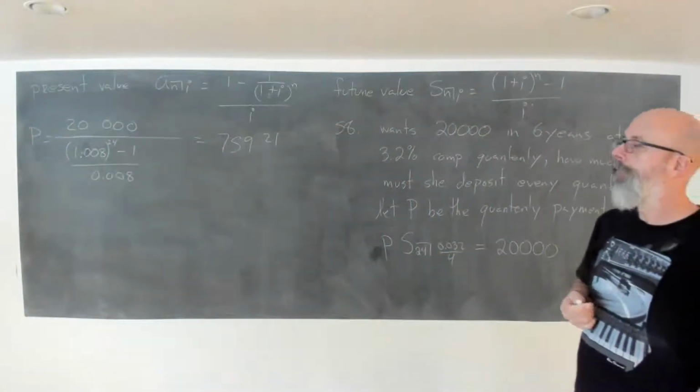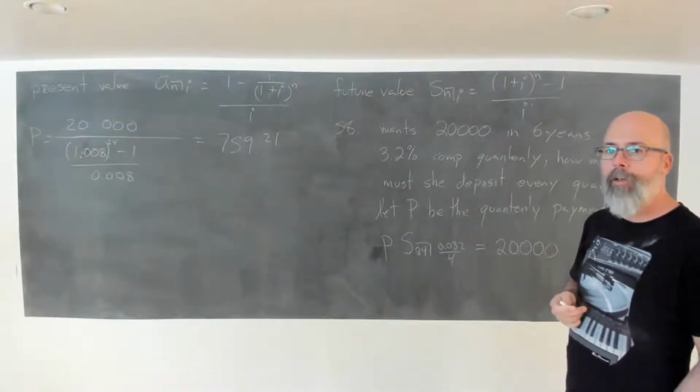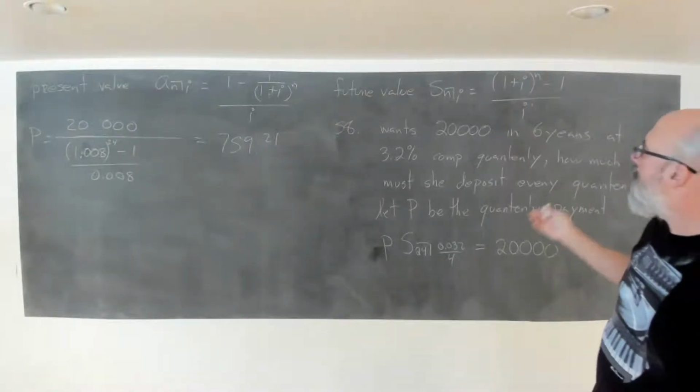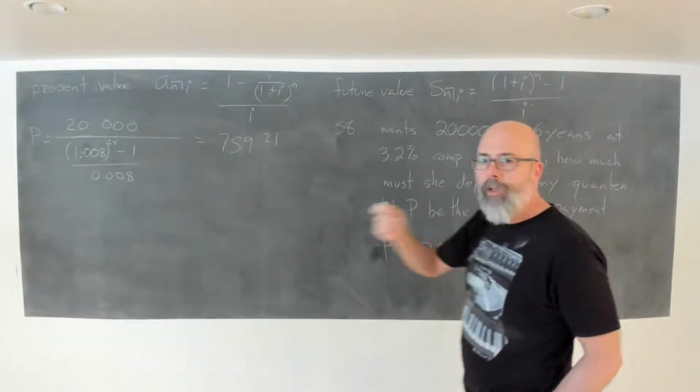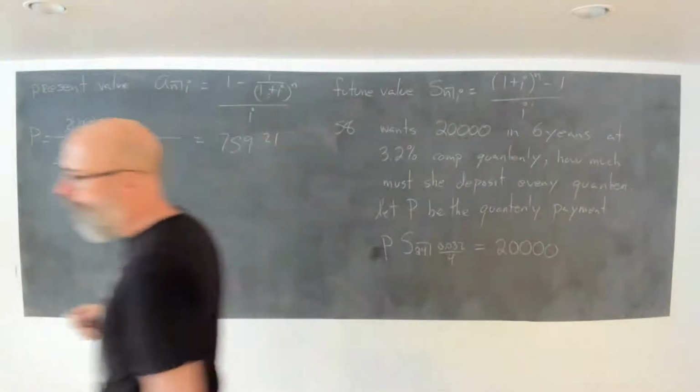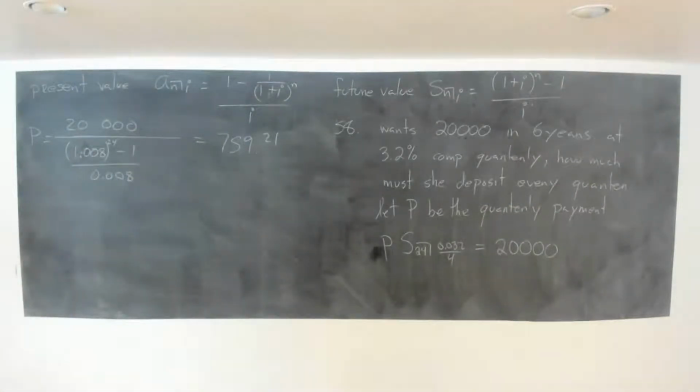So there you go. $759.21 every quarter for 6 years at 3.2% compounded quarterly. This will give you an accumulated value of 20,000.